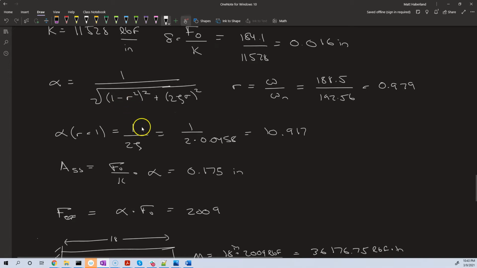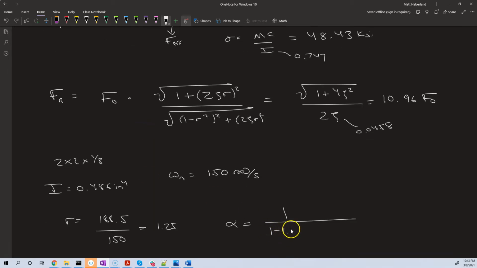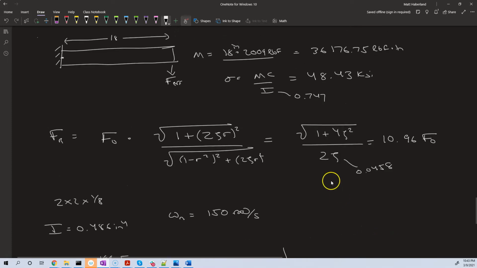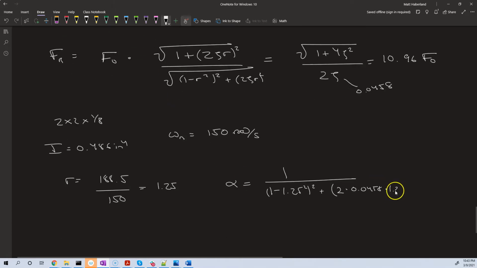So it's 1 minus R squared, 1 minus 1.25 squared, that gets squared, plus 2 zeta, zeta is 0.0458, excuse me, times R, times 1.25. That gets squared as well, and we get the square root of all that. I'm getting something like 1.742.